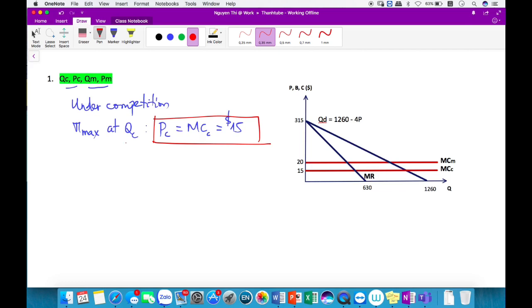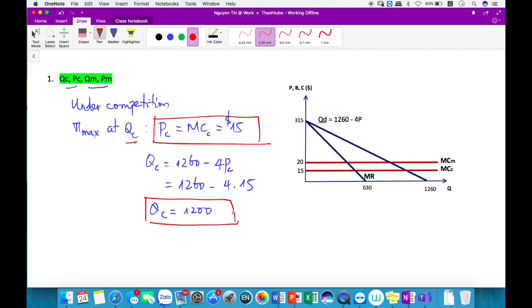So to get the output under competition, you just replace the price value in the demand curve, right? So you have QC equal to 1260 minus 4PC, equal to 1260 minus 4 times 15, or QC equal to 1200.